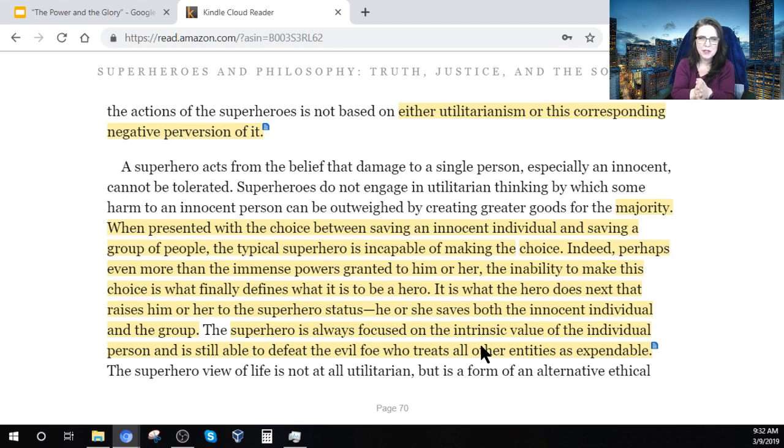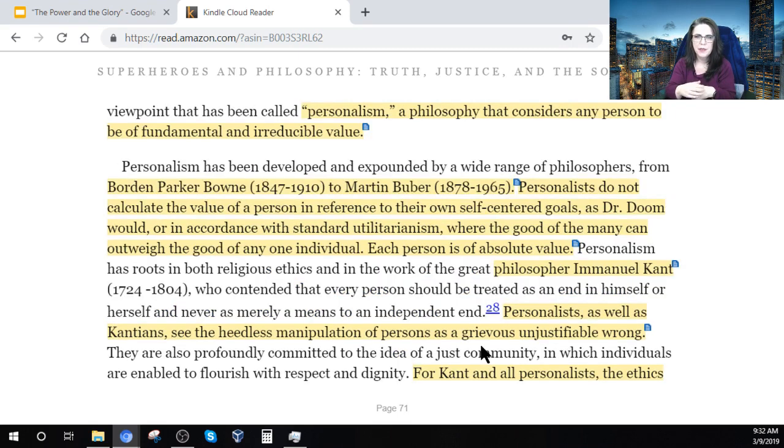This brings us to a new form of philosophy, and this philosophy is called personalism. It's a philosophy that considers any person to be of fundamental and irreducible value. So, if we're looking at the continuum of opinion regarding a hero, another characteristic of a superhero is that they adopt a personalistic philosophical perspective.